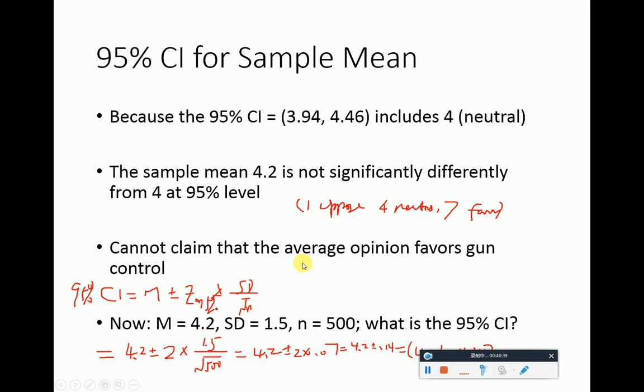Does the majority of the population prefer a particular candidate, or does the population average opinion favor the issue? As long as you are capable of drawing that conclusion based on the confidence intervals, which you know how to calculate, you should be fine. So that's quite a bit of content. Practice and ask questions if you're still not understanding it. Make sure you know how to do this by yourself.